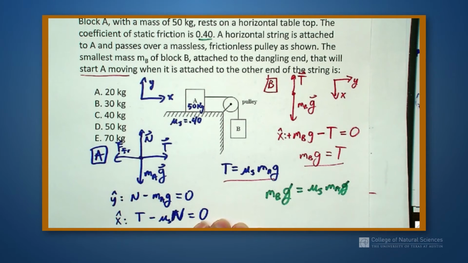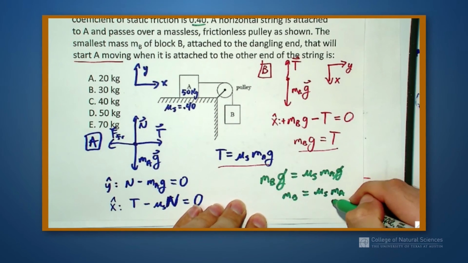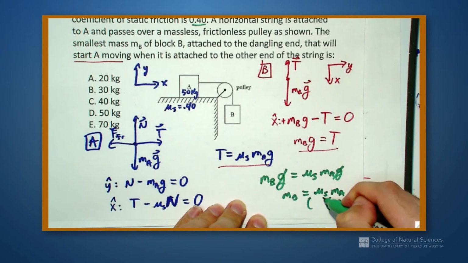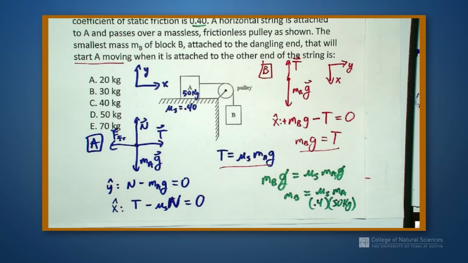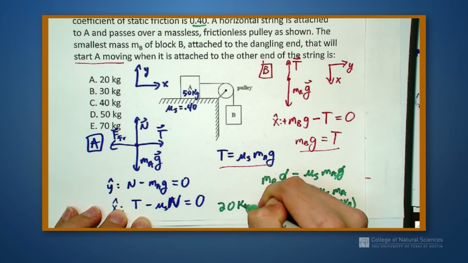But g cancels out, and I'm left with the mass of B is equal to mu s times the mass of A. So if I know that this is 50 kilograms, and this is 0.4, I can multiply these two together and see that my answer is 20 kilograms.